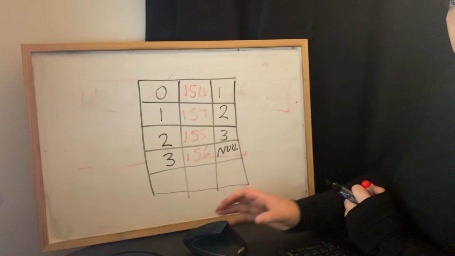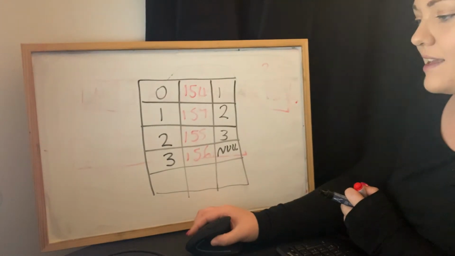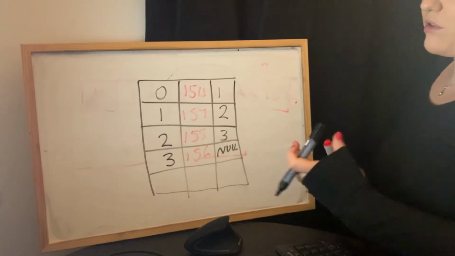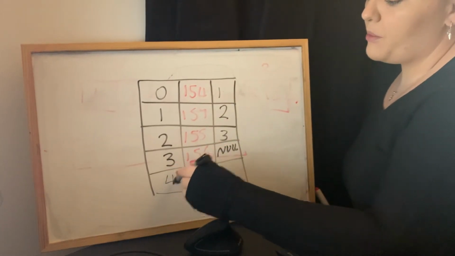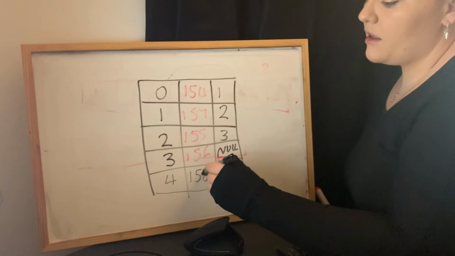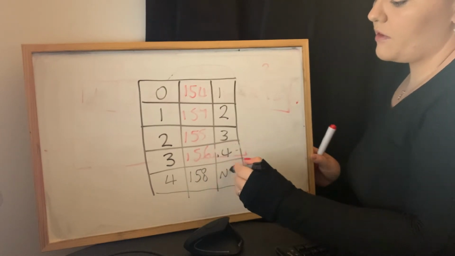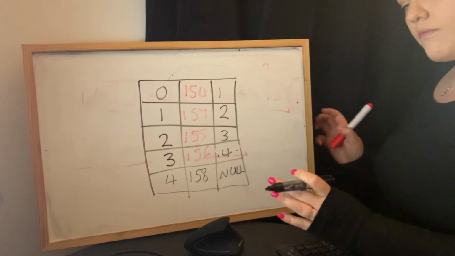The first question was: order 158 has been made and needs adding to the end of the linked list. That one was really straightforward. Most people knew just to add it in here and then update this pointer. Easy enough.